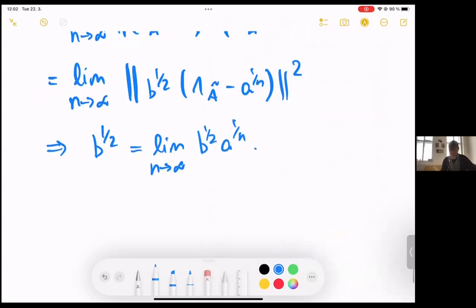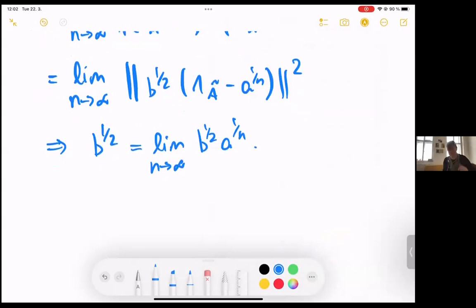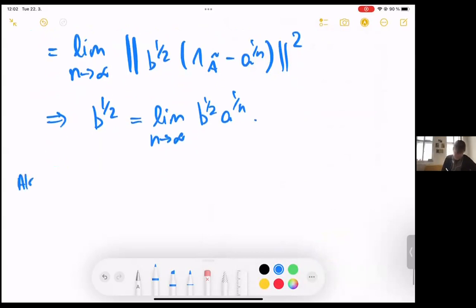And then we do essentially the same trick as last time, and we also get that B to the half is the limit.